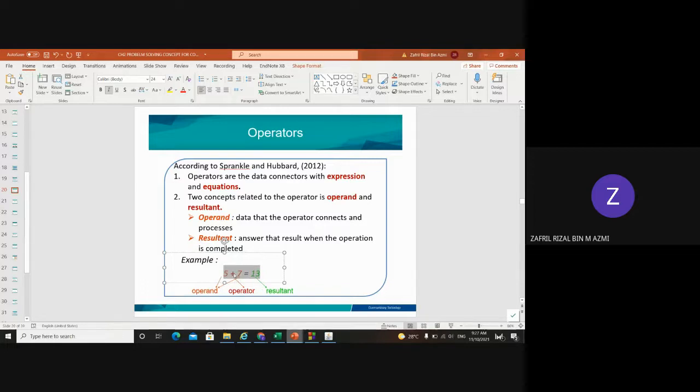Normally in a computer program, we don't write like this. This is the logical explanation of the equation. But if you want to write down the equation, how do we write it?